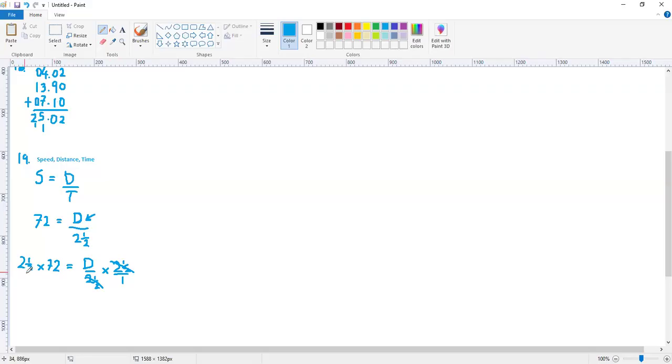Now we need to make 2.5 an improper fraction, isn't it? If I make 2.5 an improper fraction, what will it become?